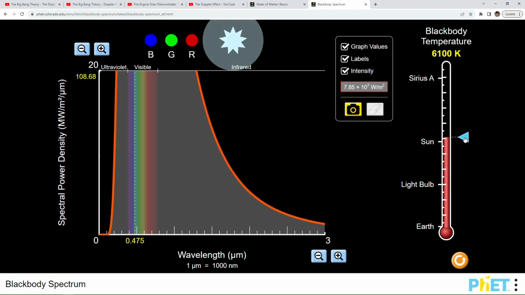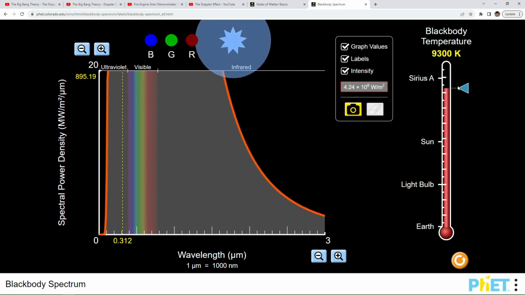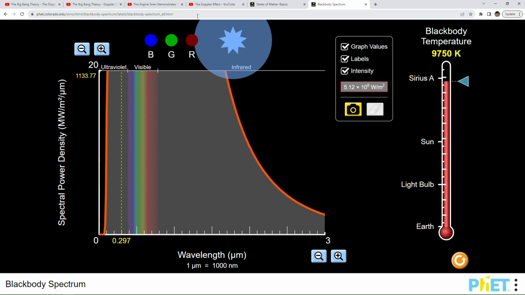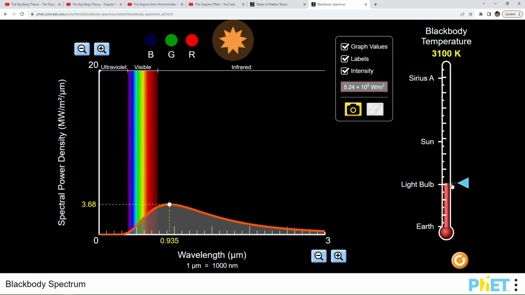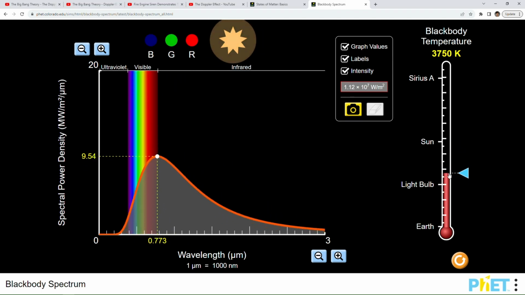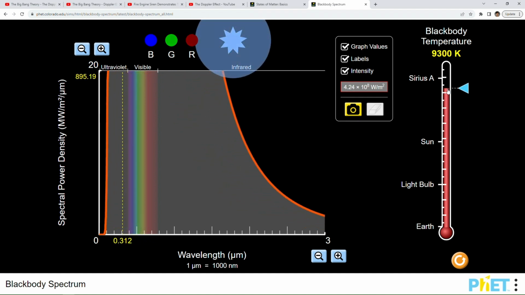And as we go even higher, as we see with Sirius A, the very hot star, you actually get a blue star. So we go all the way from a red and orangish star to yellow, to white, and to the blue star. From this simulation, you know that a blue star is actually hotter, and a reddish star has the lowest surface temperature.